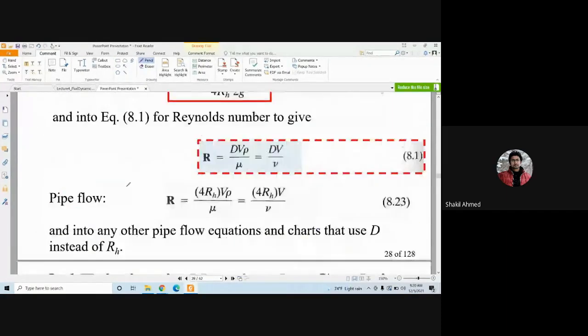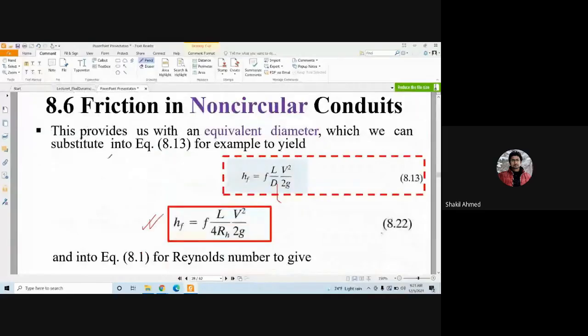Now for non-circular conduits, what would you do? How do you calculate D for non-circular conduits? This is for circular conduits, right? So from here you can write D equals 4 into RH.